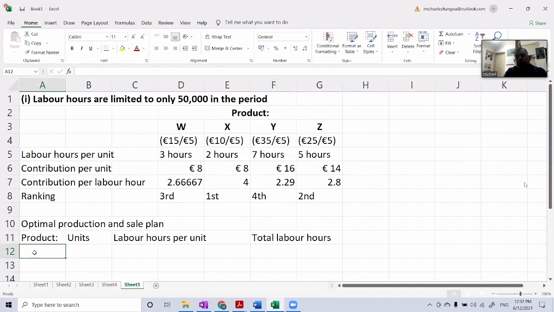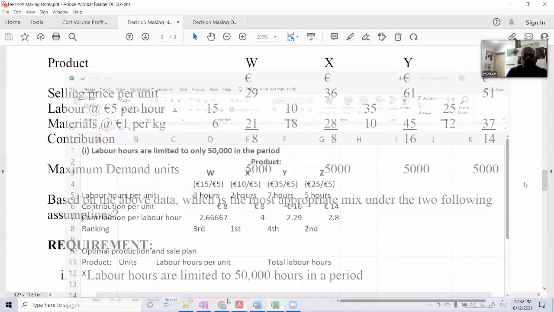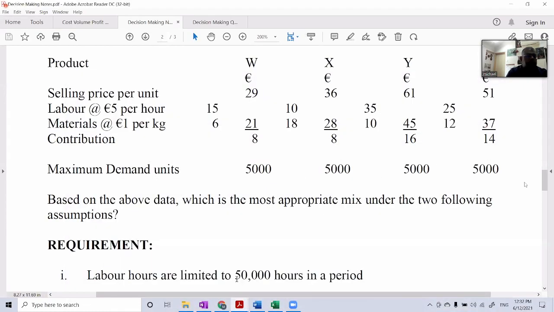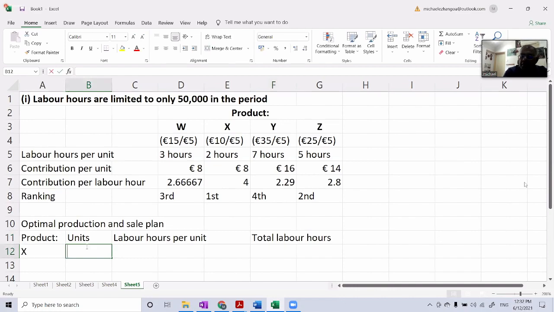Now, according to our ranking, the first is product X, and the demand for each product, if I recall, was 5,000. Yes, so 5,000 units. Now, number of labor hours per unit is 2.